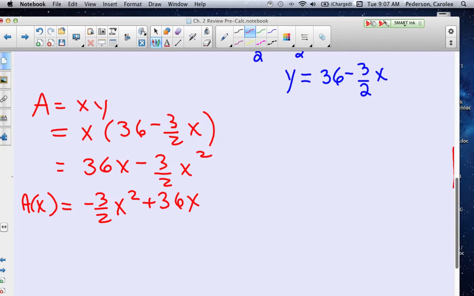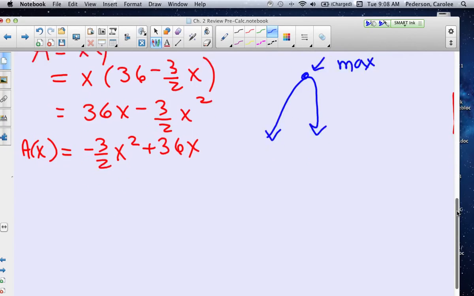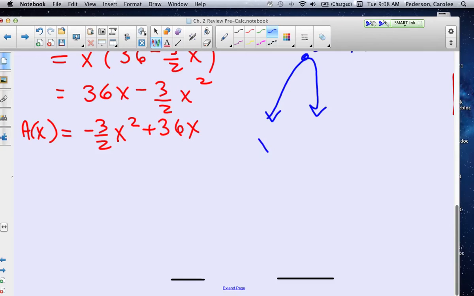And what it asks for is the maximum. So what's important with the quadratic maximum? Yep, you're looking for that vertex point. It's a parabola that opens down, and we want to find the maximum, which is the vertex. So that's like question number 1, where we say x equals opposite of b over 2a.